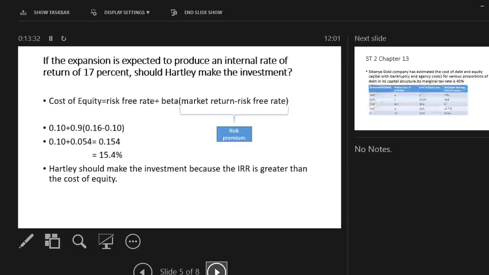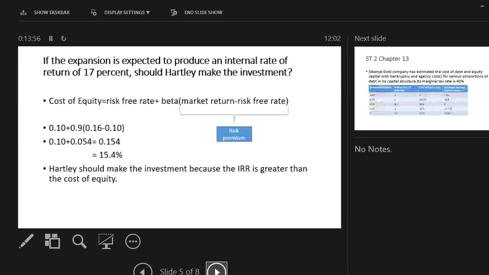If the question was asking for the required equity rate of return for the whole company, we would use the weighted beta, everything put together.